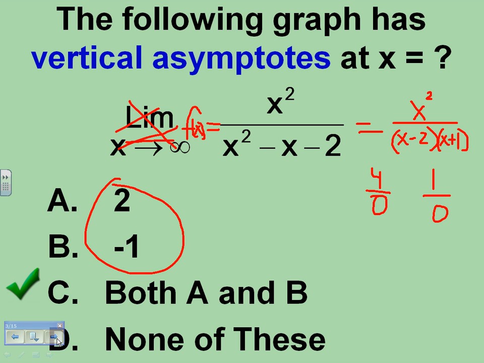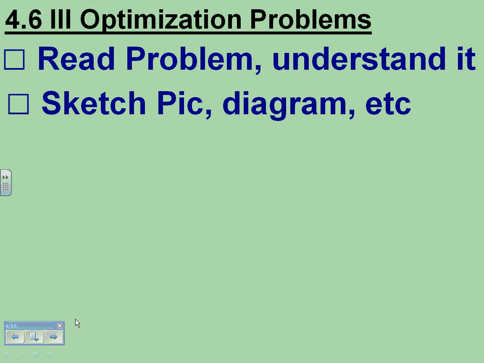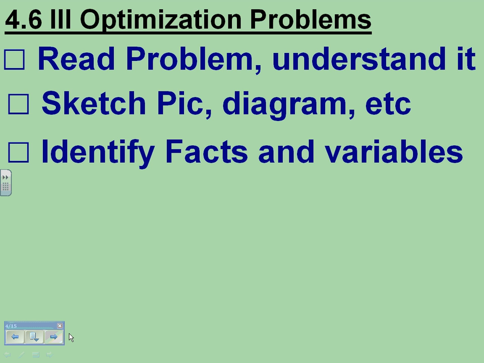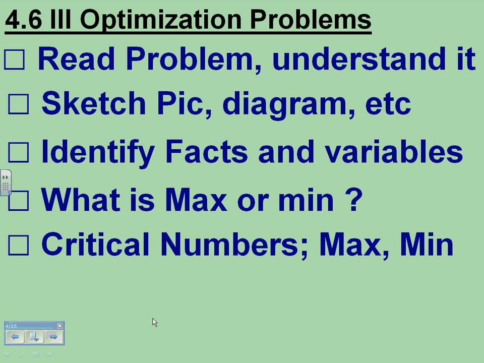Okay? Moving on. Again, to optimize these problems, you've seen this 3 times. You got to read it to understand it. Diagrams and pictures help. If you're going to make those, identify the facts and the variables. That's a huge step. Figure out what's what. Is it a max? Is it a min? Are you taking the first derivative? Are you taking the second derivative? Those are key points. Also, what are the critical numbers?